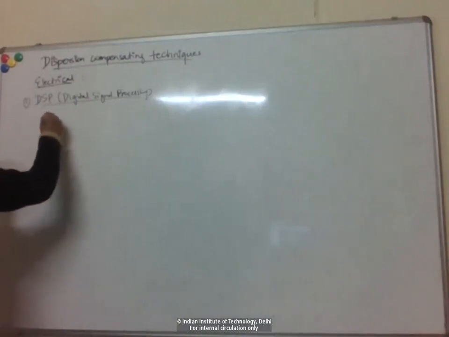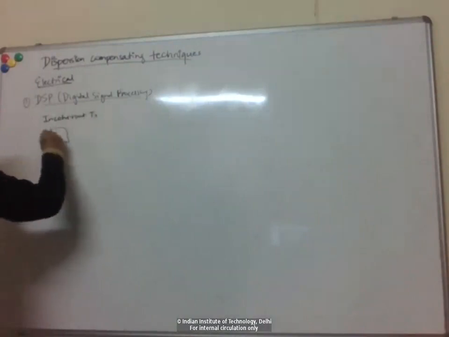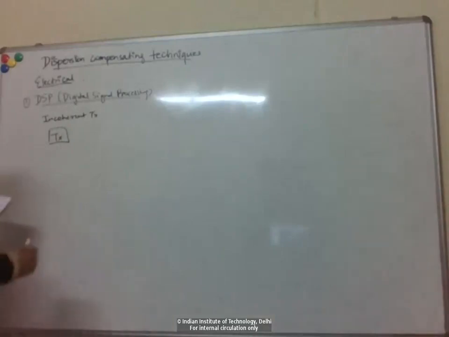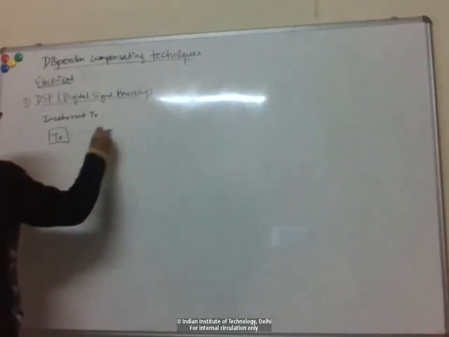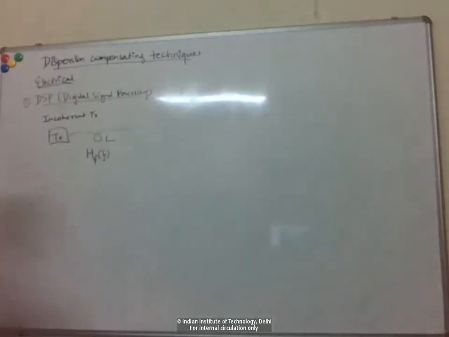Recall for incoherent transmitters, where the source bandwidth is much larger than the data rate. There, we could model the fiber as some transfer function, effectively some low pass filter kind of thing.